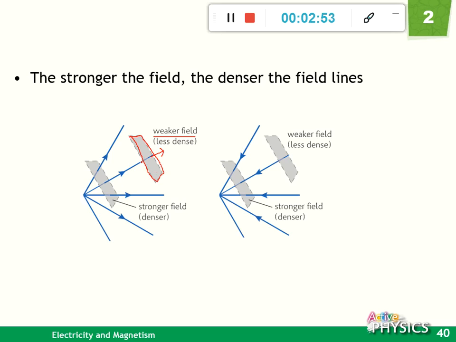But if you put it near to the point source, then in the same unit area, there are 3 field lines passing through it. Then we can say that here is a stronger field because the number of lines passing through the unit area is greater. And how about this? Exactly the same, only the direction of the field lines is not the same. Once again, the conclusion: the more field lines you can find, the stronger the field.